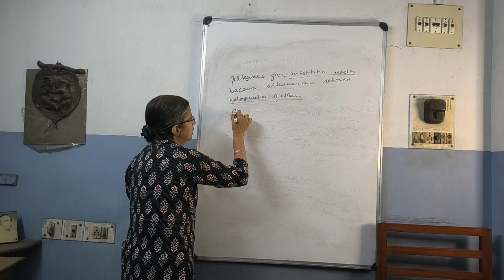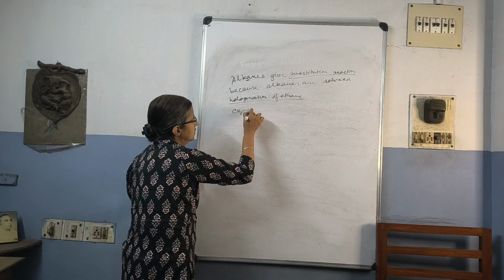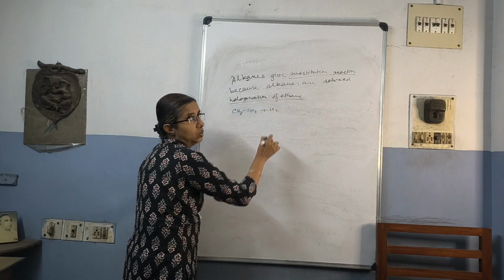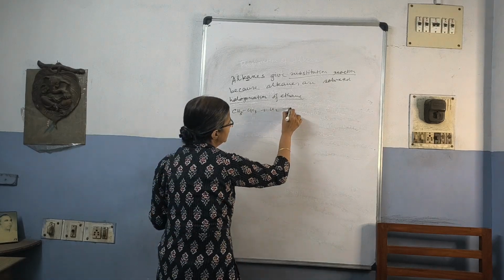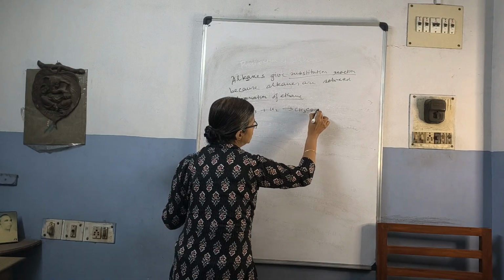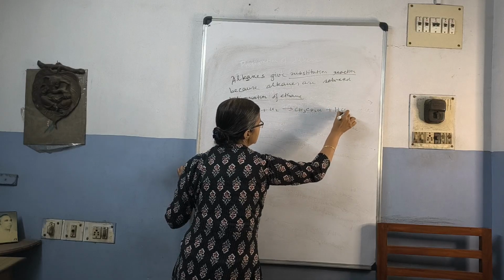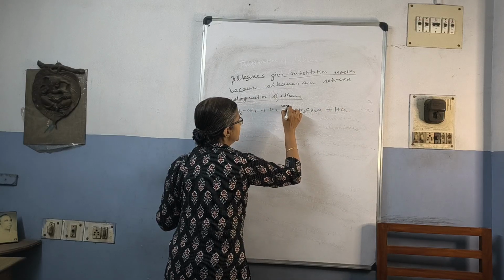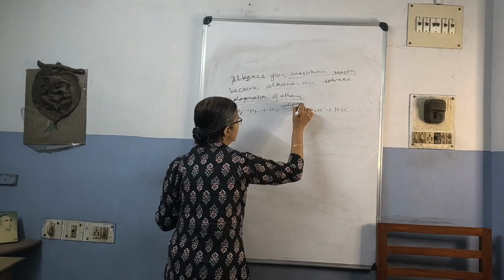Here we get CH3CH3 plus Cl2, so it is CH3CH2Cl plus HCl. Same thing, sunlight.